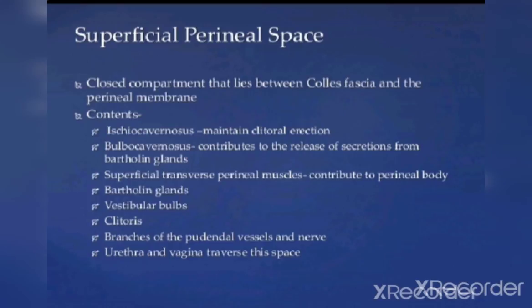Its contents are the ischiocavernosus, which maintains clitoral erection. Bulbocavernosus contributes to the release of secretions from the Bartholin glands. Then the superficial transverse perineal muscles contribute to the perineal body. Okay, these are the contents of your superficial perineal space.